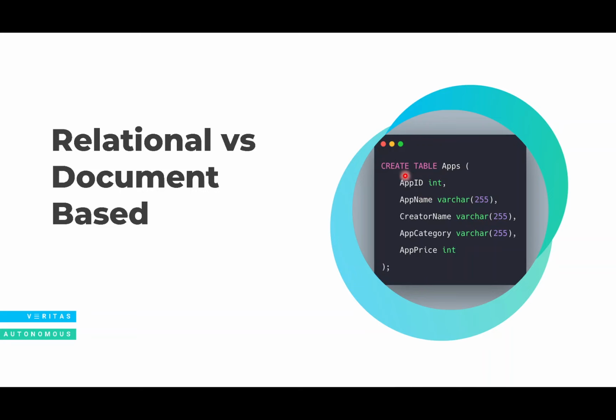We have to say, create a table called apps, the first column should be an integer, the second column should be a varchar of this much length. We have to define it like that. But with the document based ones, we don't have to define the table, we don't have to define the document, we just put the document in, and that's it.